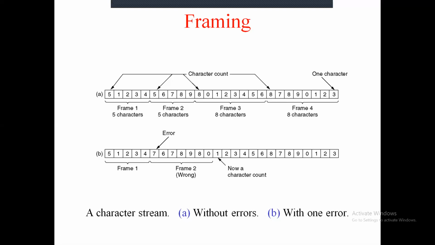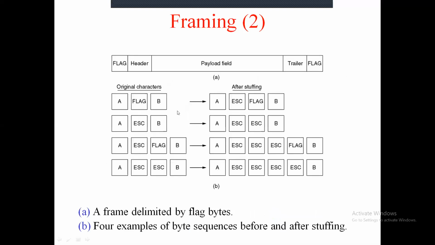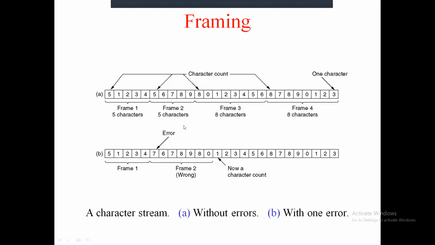In this character count, if one value changes, one character changes, then everything becomes a problem. See again, what is the first frame size? 5: 1, 2, 3, 4. The first one has 5, so 5 characters in the first frame. In the second one, a bit is changed.